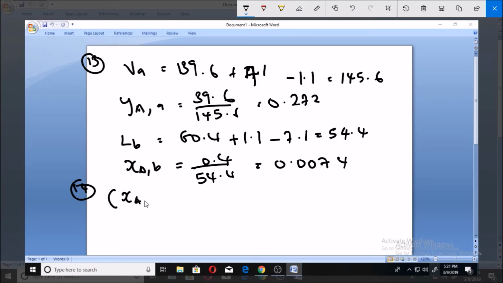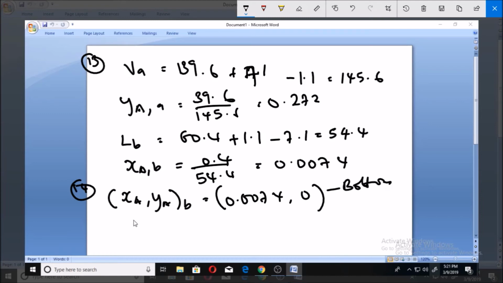So we have our XA and YA for B, which is actually at 0.0074 and 0. This will be the bottom of the operating line. Then we also have XA and YA of A, which is 0.04 and 0.272, which is at the top.